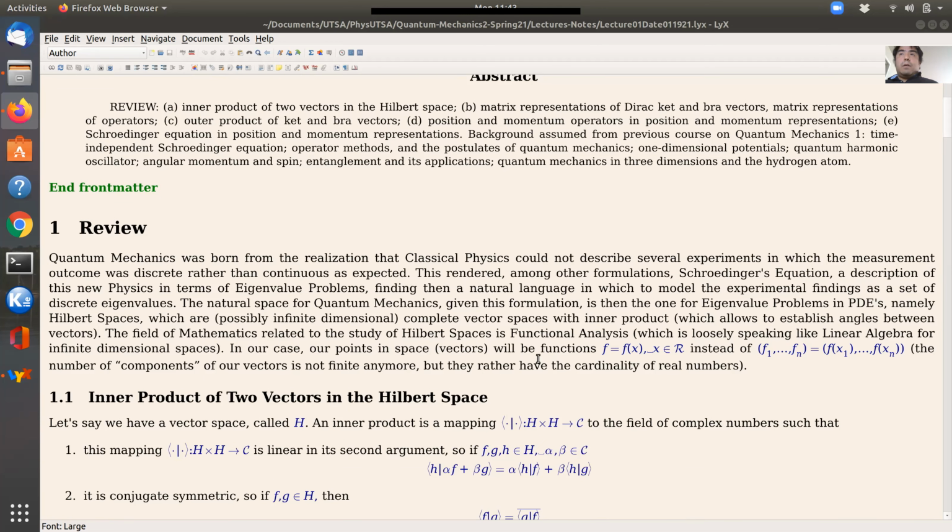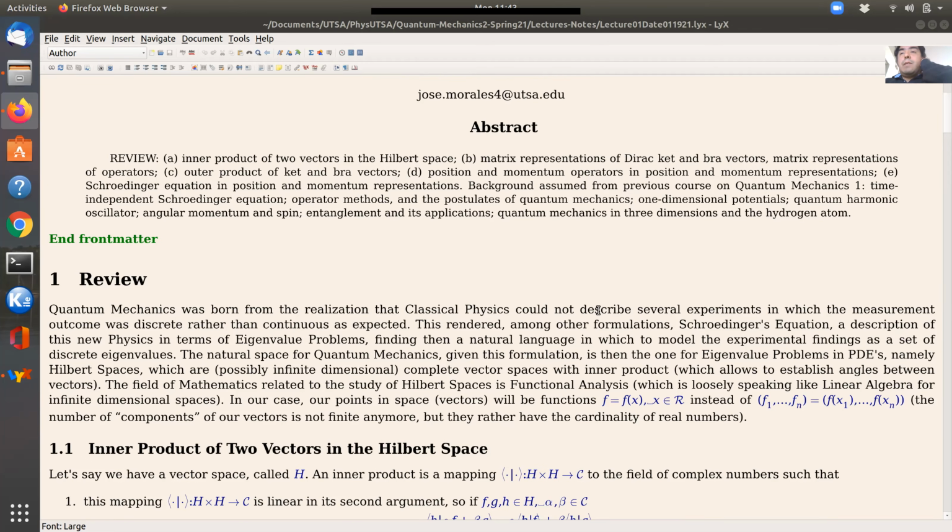So look, quantum mechanics was born from the realization that classical physics could not describe several experiments in which the measurement outcome was discrete rather than continuous, which was what classical physics expected. This rendered basically in Schrodinger's equation, which is one of different formulations of quantum mechanics.